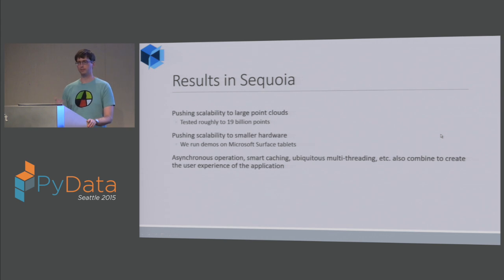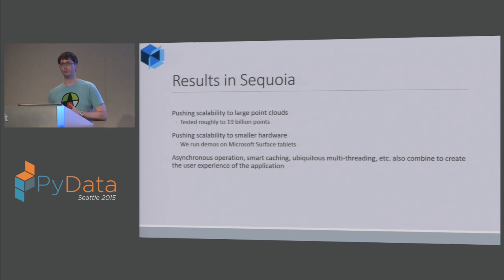What we've been doing to test out things like this algorithm is asking how we push scalability. One way to scale is towards large point clouds. We pushed it out to about 19 billion or so points. We can keep pushing it, but it's a pretty good benchmark of how well we work.